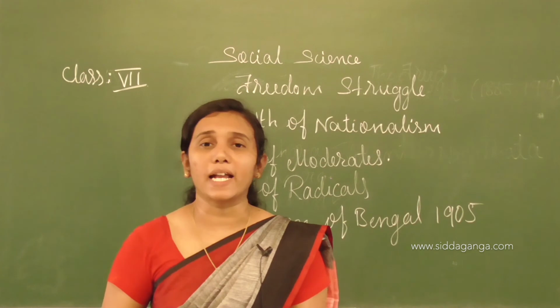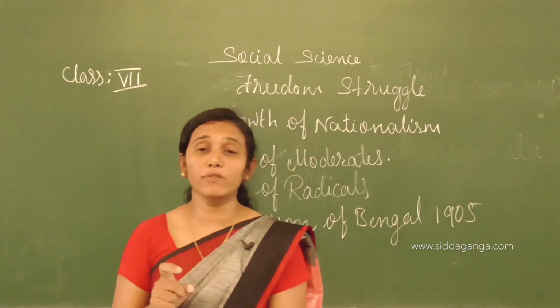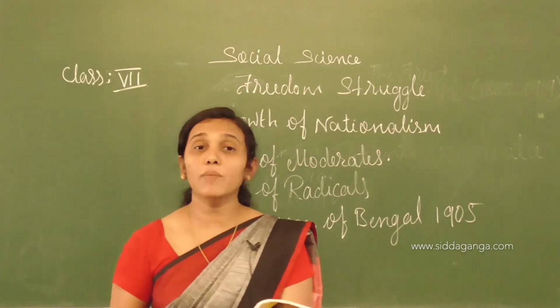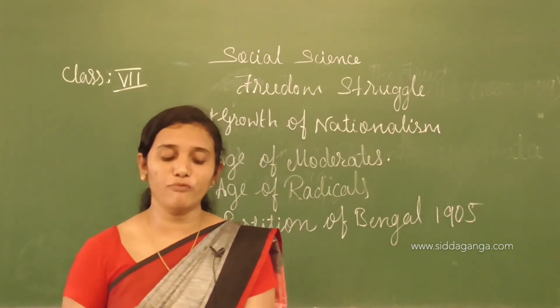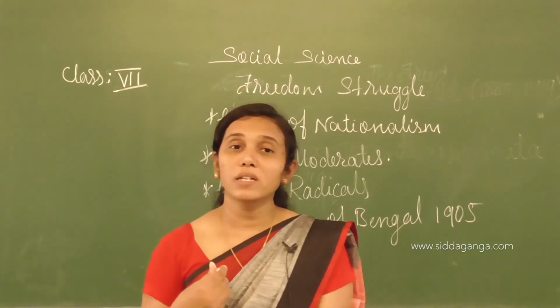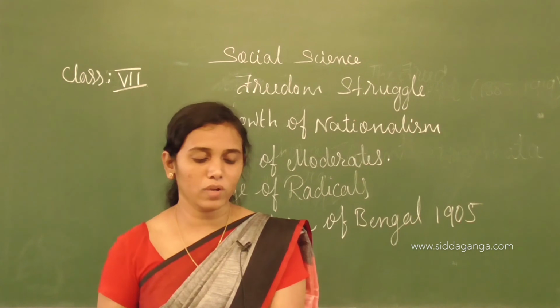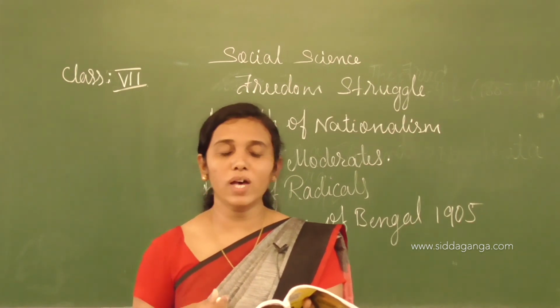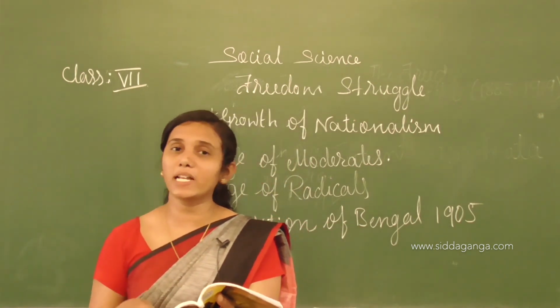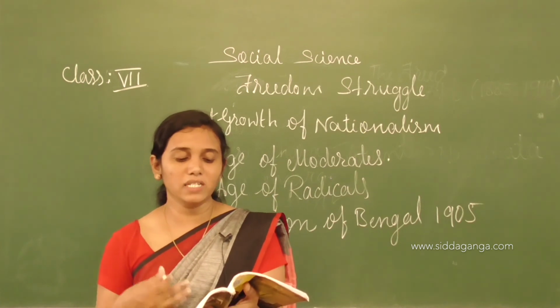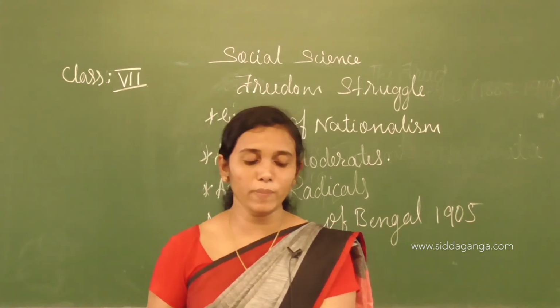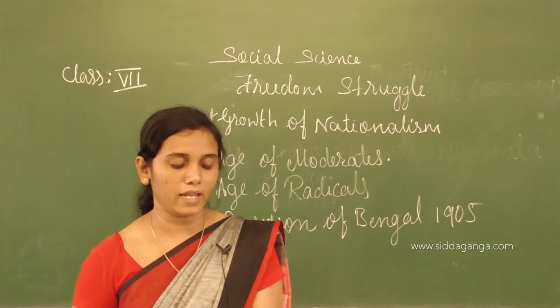Next, the Rowlatt Act. The British implemented the Rowlatt Act in which year? 1919. In December 1917, a committee was formed under the guidance of Justice Rowlatt. Its purpose was to suppress the revolutionary activities in India. That's why ultimately the Rowlatt Act was implemented in February 1919.